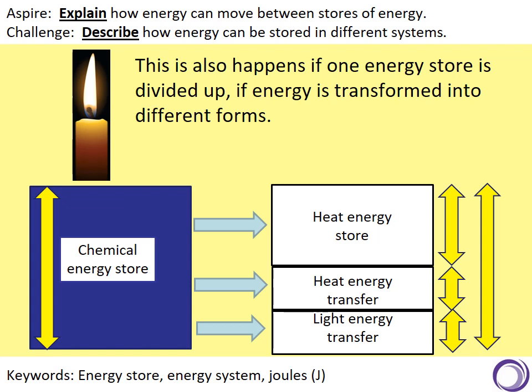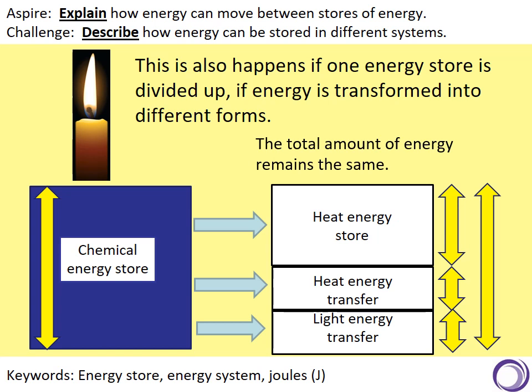You've also got a heat energy transfer because heat is transferred away from that flame to the room by conduction, convection and radiation. And also because light is being emitted, you've got a light energy transfer. But the total amount of energy remains the same.